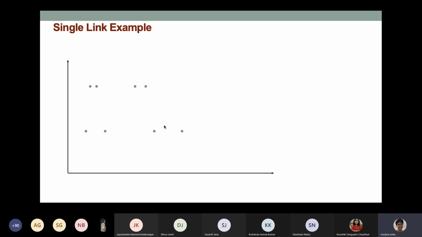So if we see the single link example, say in a two-dimensional space, graphically, how will it look? As we can see, we will go by the closest examples and group them into a cluster. So we'll start by considering each node as a single cluster. Now these two nodes are closest to each other, so we group them in a single cluster.